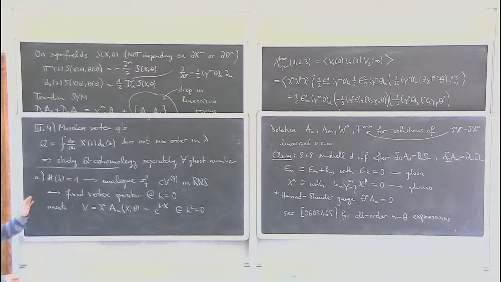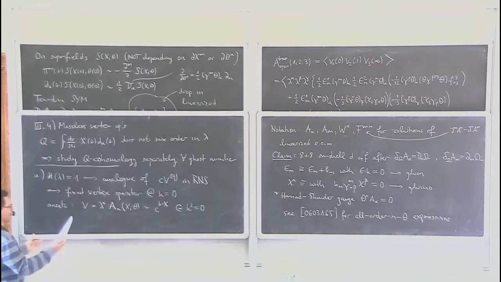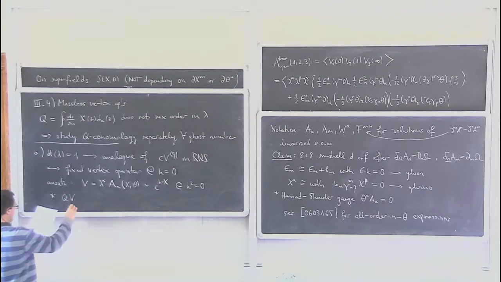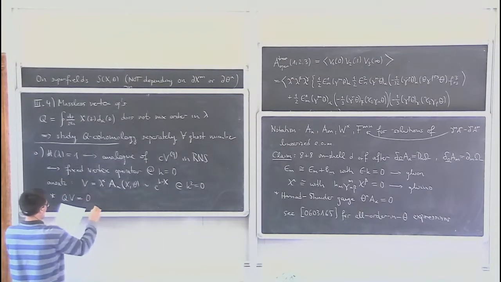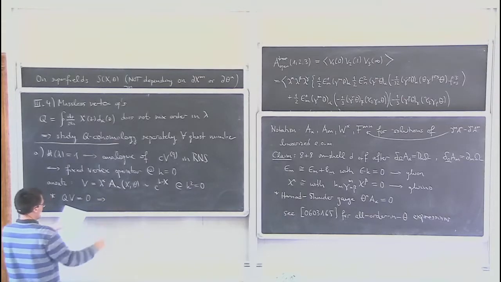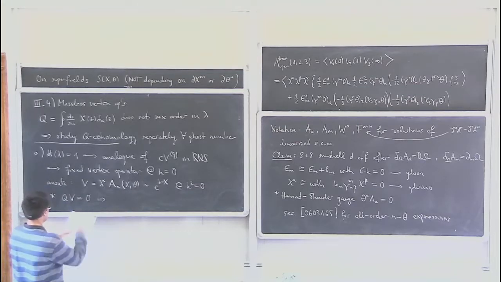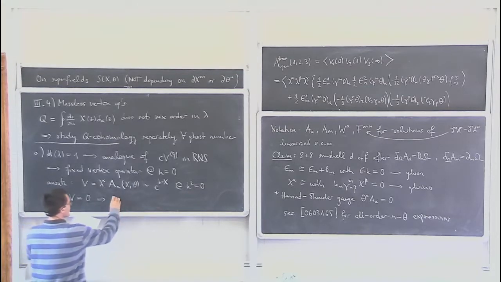Okay, so let's now take this ansatz and impose that we are BRST closed. So now this will help us to learn more about the A alpha. So what does QV equals 0 imply?